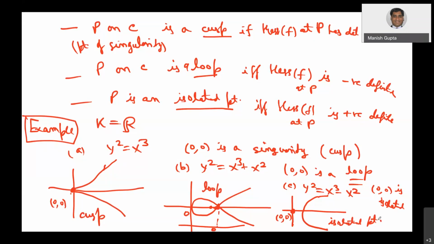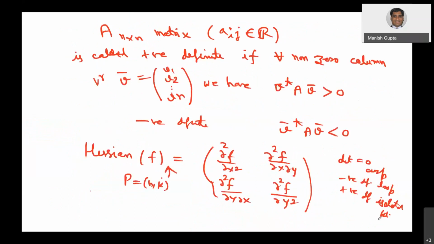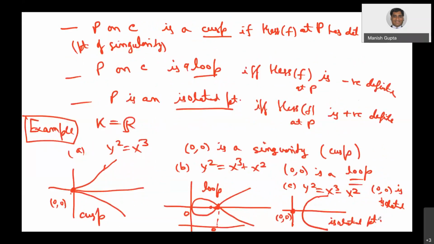Now, elliptic curve. What is an elliptic curve? Actually, now I'm ready to define it. An elliptic curve is a curve defined by the following equation. We assume that K is a field.